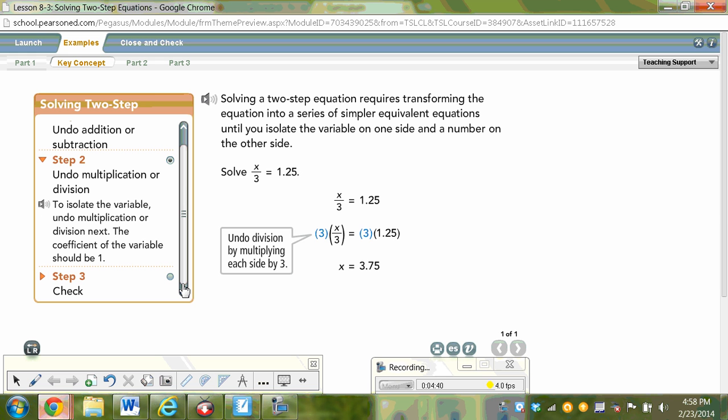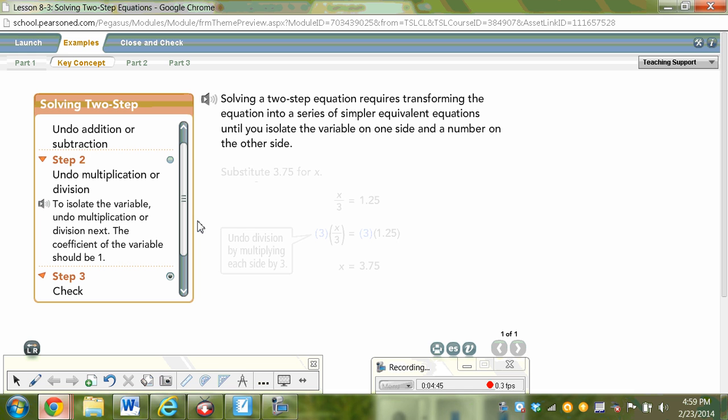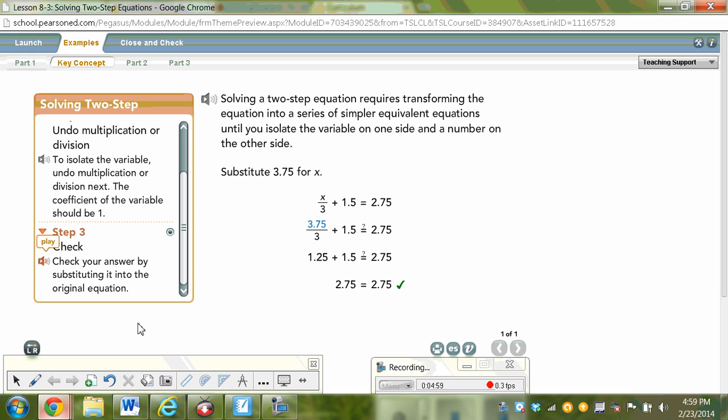The next step cannot be said enough: it is essential. It is check, because you've got to make sure that it worked. Did it make sense? Did it turn out the way it's supposed to? I want to see that you're checking your answer. You're not just stopping once you find an answer. You're only halfway done at that point. So if I said x was equal to 3.75, wherever I see x, I plug in that 3.75.